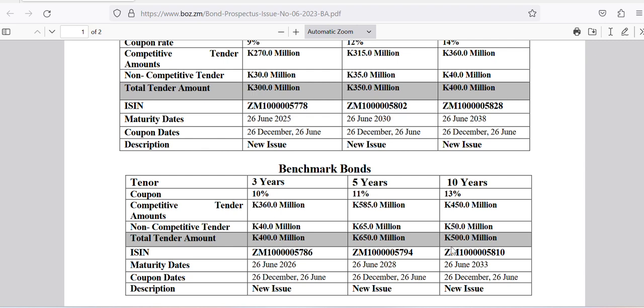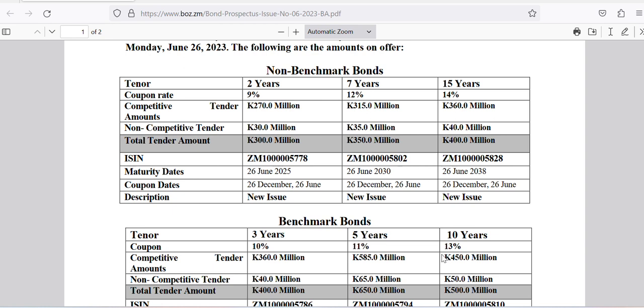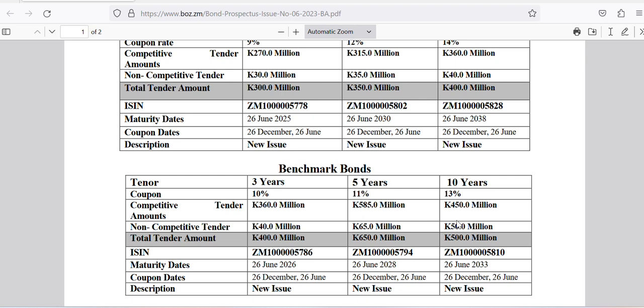So the longer the tenor, the higher the rate. These coupon rates are pretty constant. They have been constant for the period that I've been investing in government bonds, which is over 2 years. So that's about the tenor.